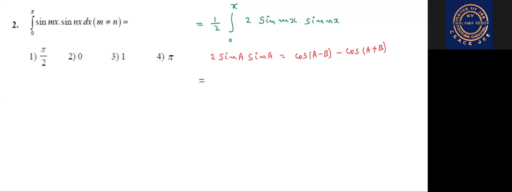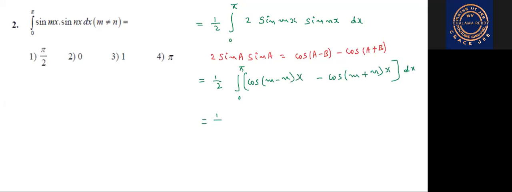1 by 2 integration from 0 to pi of cos of A minus B, that means cos of mx minus nx, taking x common, cos of (m minus n) into x, minus cos of (m plus n) into x, whole dx. What is the integration of cos?